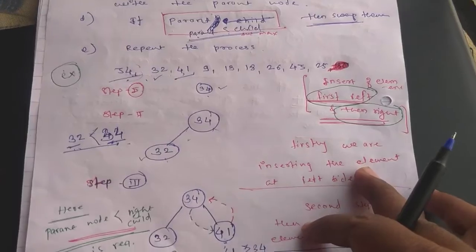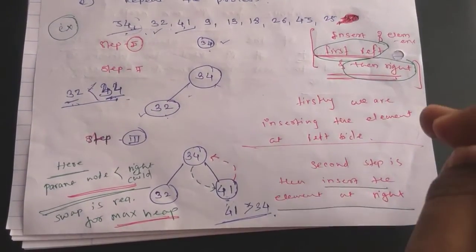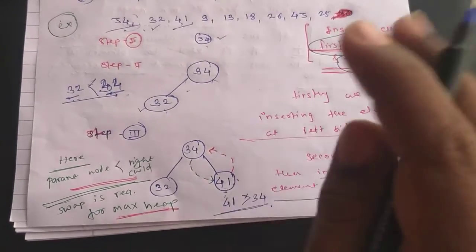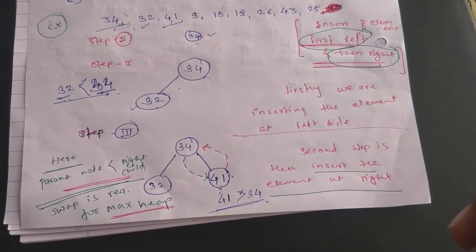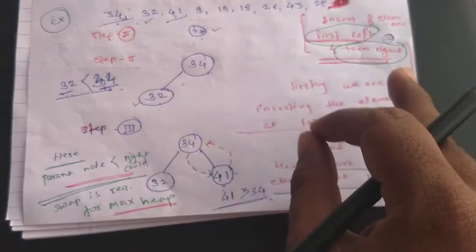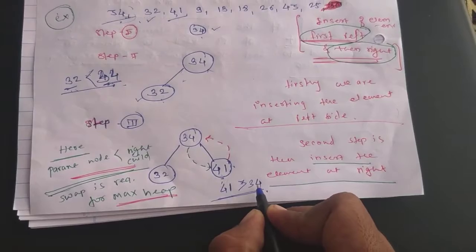Now the second one is 41. We are inserting the 41 as the right child of the 34. When we insert this 41 at the right side of the 34, we should compare it with its parent node. So the 41 is compared with 34.